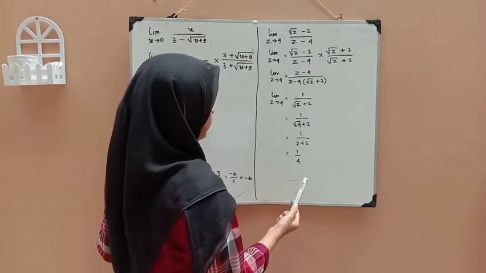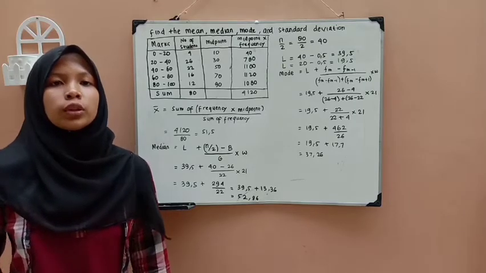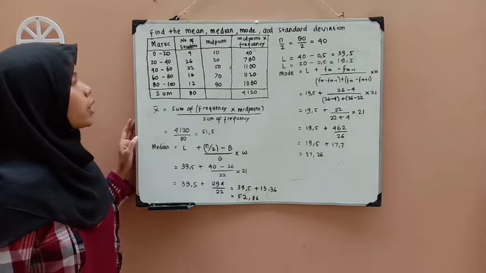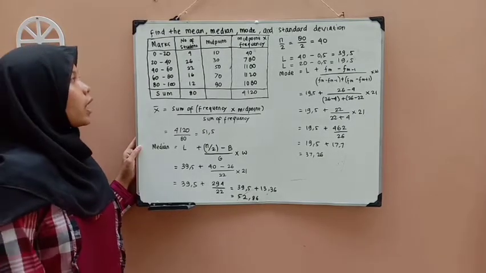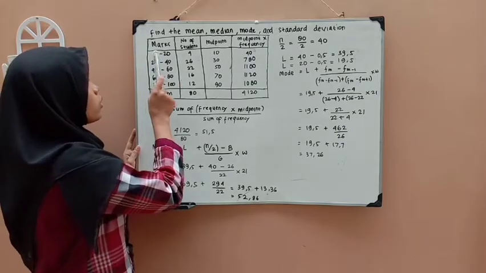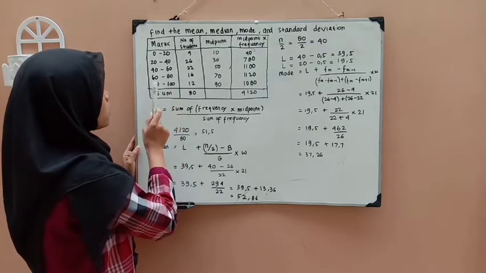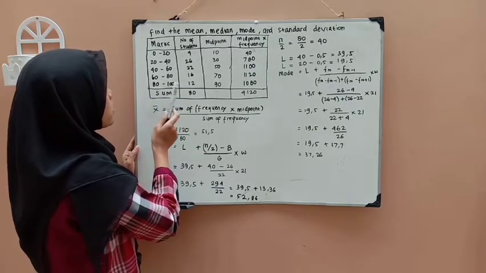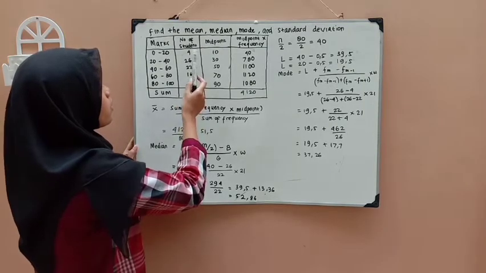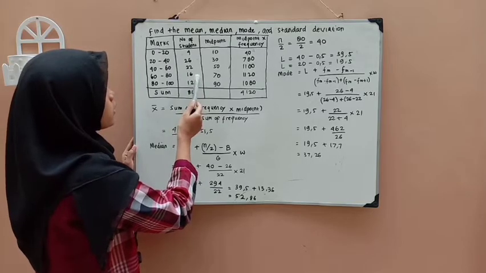Next question, that is statistics: mean, median, mode, and standard deviation. Find the mean, median, mode, and standard deviation. That is a frequency table. Marks: 0 to 20, 20 to 40, 40 to 60, 60 to 80, 80 to 100. Number of students: 4, 26, 22, 16, and 12.